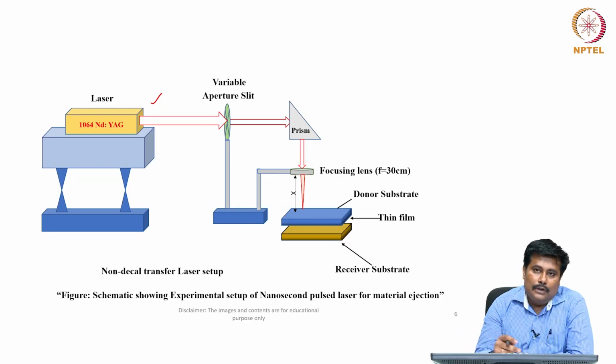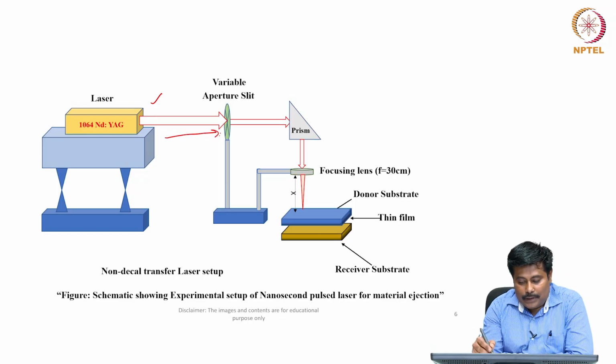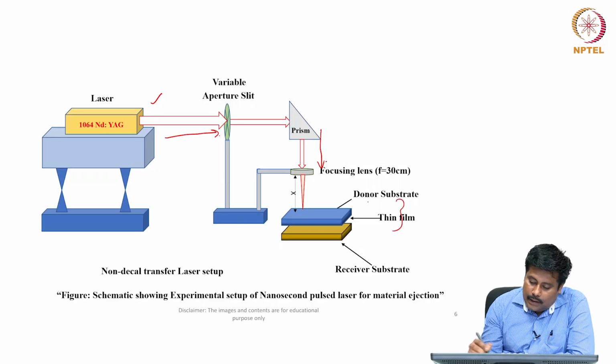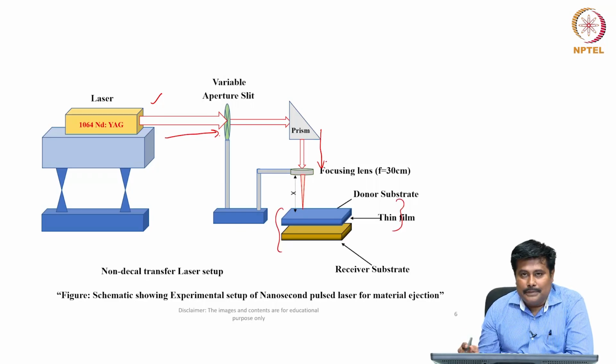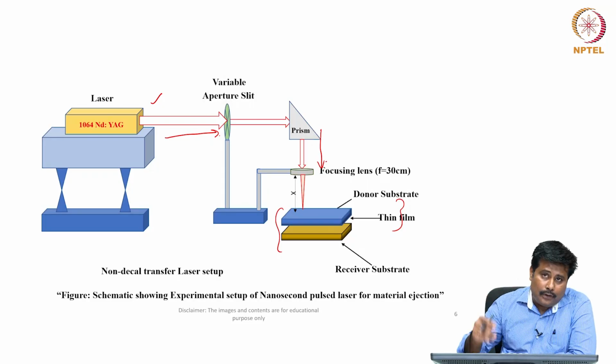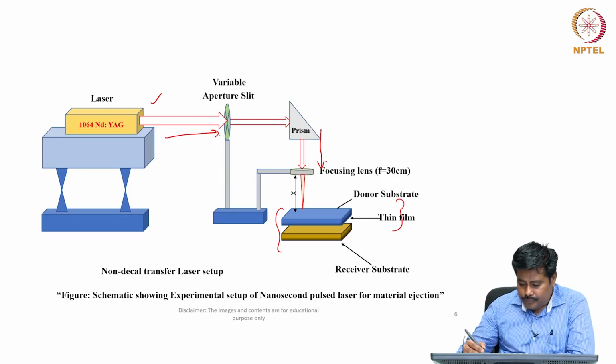The NDR laser is made to pass through the aperture slit and the prism through the focusing optics. This is the donor region and a receiver substrate. So here, this is a non-decay transfer. In this non-decay transfer, there is no sacrificial layer present, thus leading to the transfer of the material to the receiver substrate.